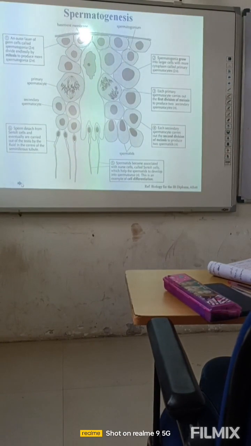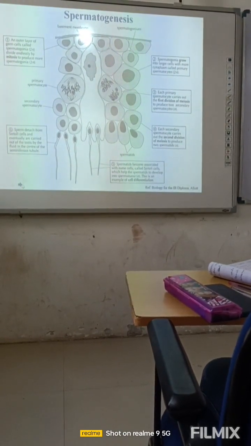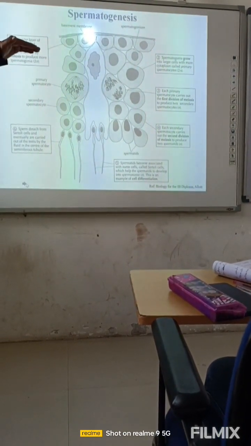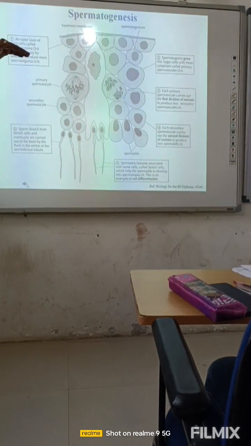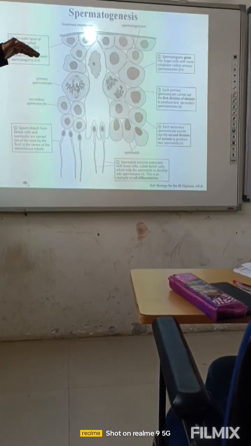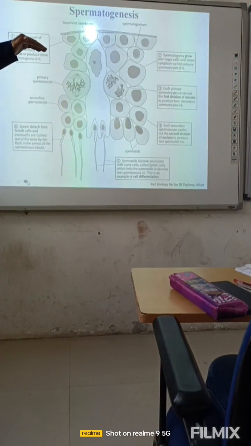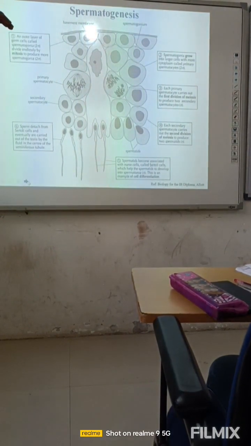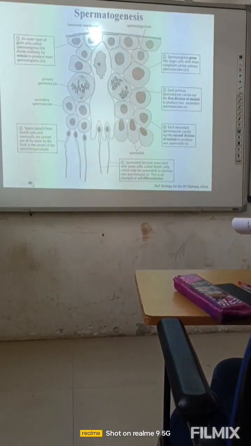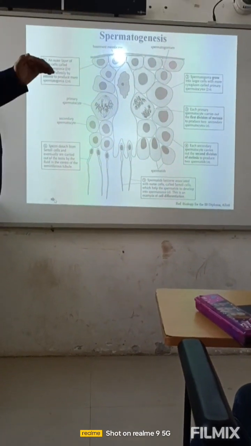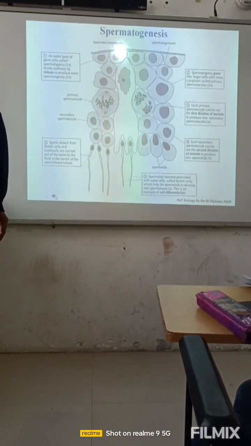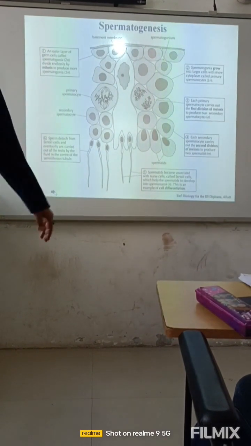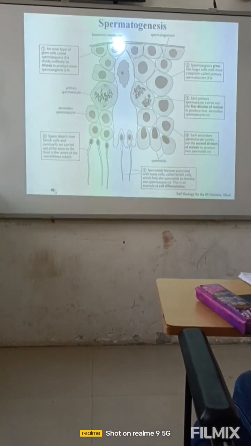Meiosis 1, prophase 1, diplotene stage. That is halted, and after that each primary spermatocyte develops into a secondary spermatocyte. Each secondary spermatocyte carries out the second meiotic division to produce two spermatids, and finally there is formation of spermatozoa.